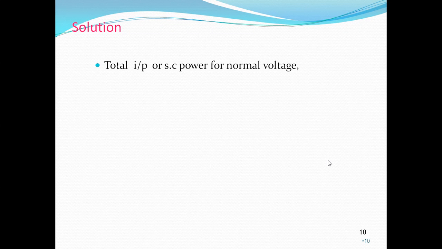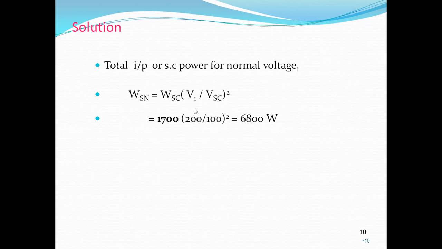So the total short circuit power at normal voltage, that is WSN, is equal to short circuit power into (V1 by Vs) whole square, which gives the short circuit power.